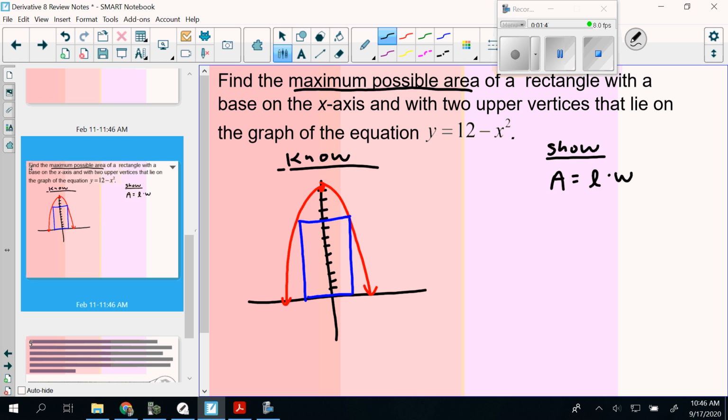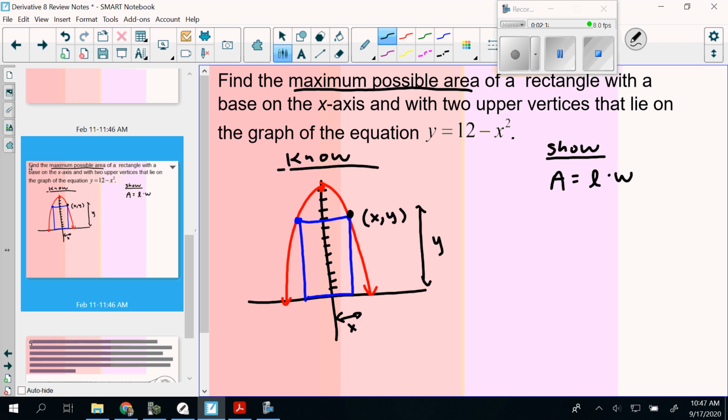Well, we also know that these corners are intersecting the parabola. That's our connection. The rectangle is connected to that parabola through that. Any point on there we could call x, y. If that point right there is x, y, that means the distance here is x and the distance here is y.